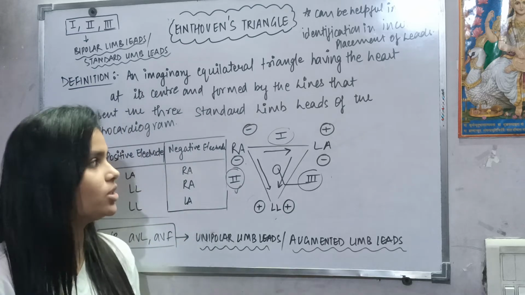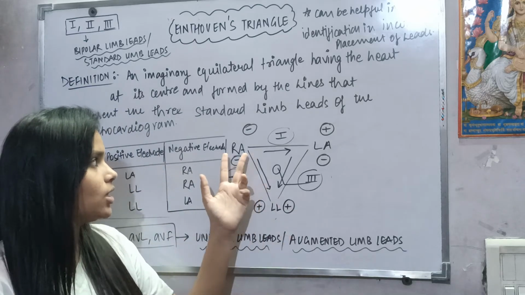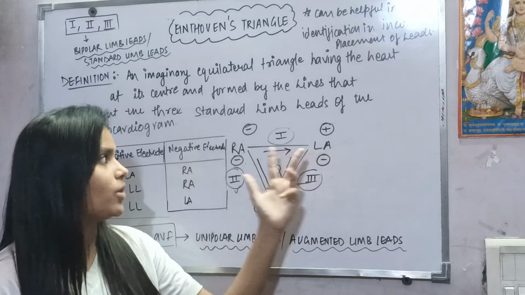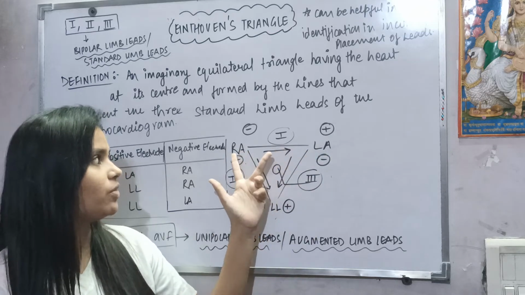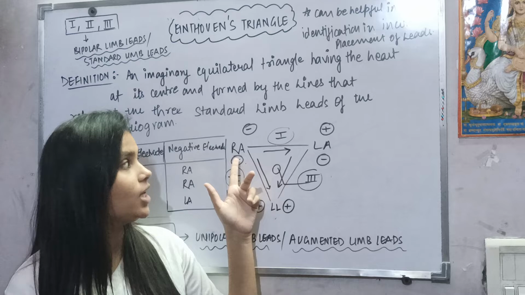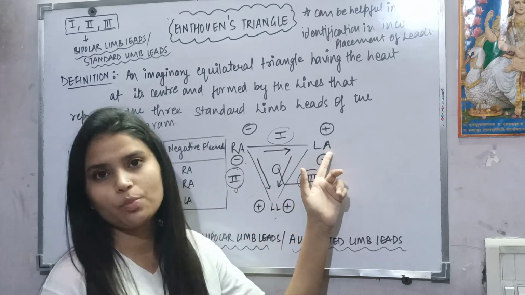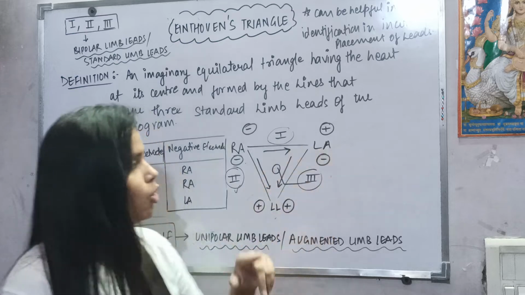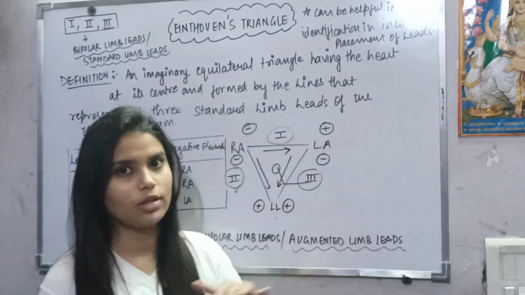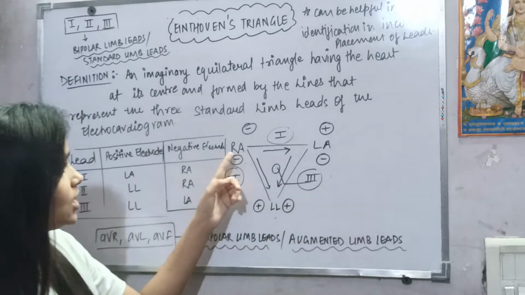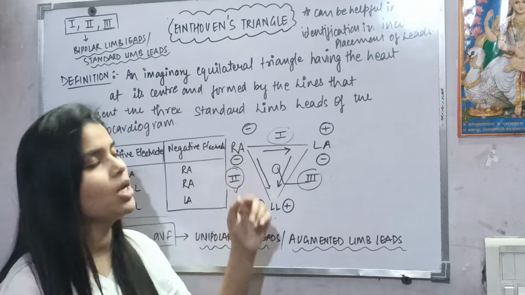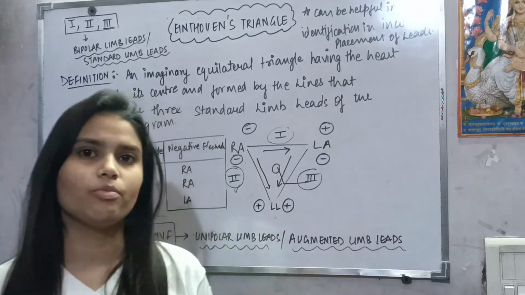In this triangle, there is a voltage difference between the right arm and left arm. For example, the right arm electrode picks up some electrical activity and the left arm also picks up some electrical activity. When you put these electrodes on the arms of the patient, they pick up the electrical activity from the limbs.